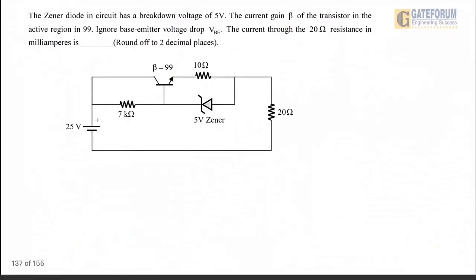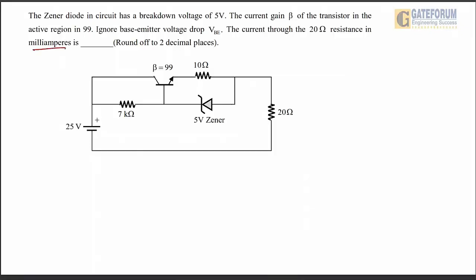As this question belongs to the numerical answer type, and the unit has already been mentioned as milliampere, the numerical value will be 250. So the final answer for this question is 250, and that is the end of the solution for this question.